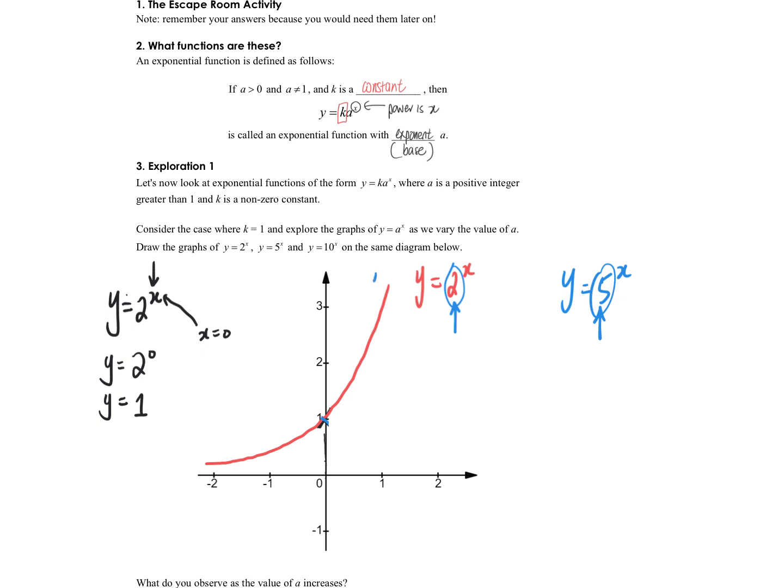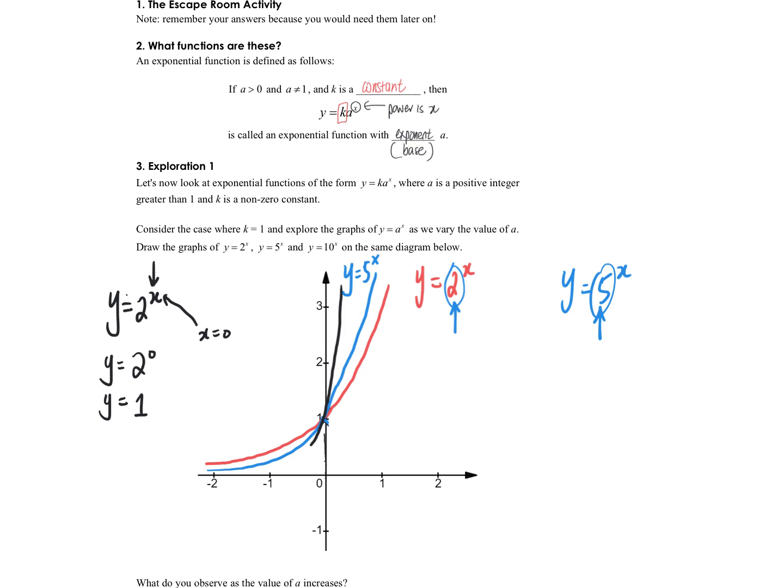Closer to the y-axis. But when it goes below here, it will flatten a bit more, closer to the x-axis, like this. Then when it's 10, it gets even closer.